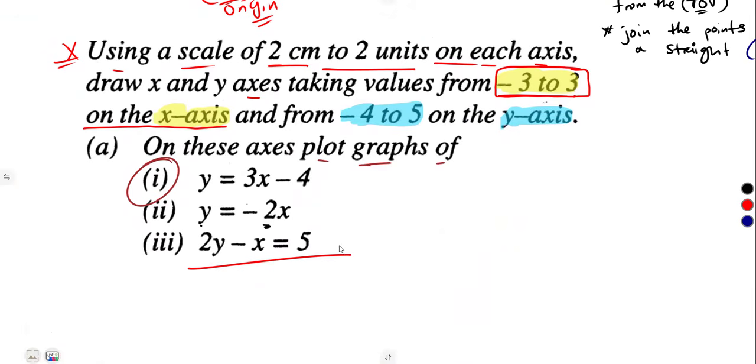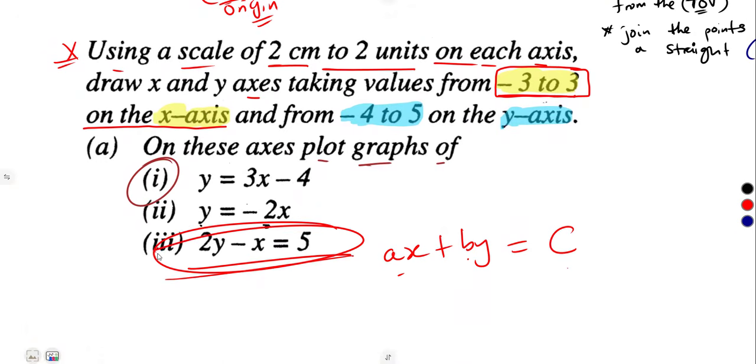This one which follows is similar to that format, ax plus by is equal to c, where a, b, and c are constants. So do not worry about that. As long as you can see this is a line, represented using the table of values method, do not even worry.